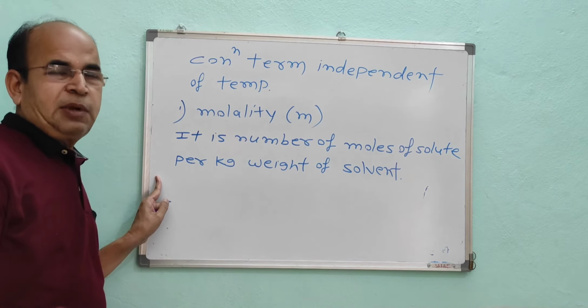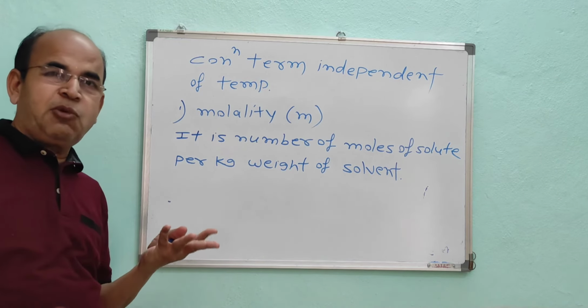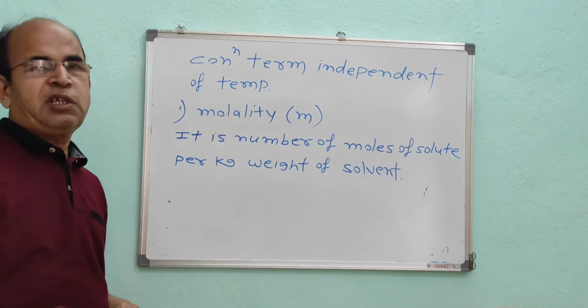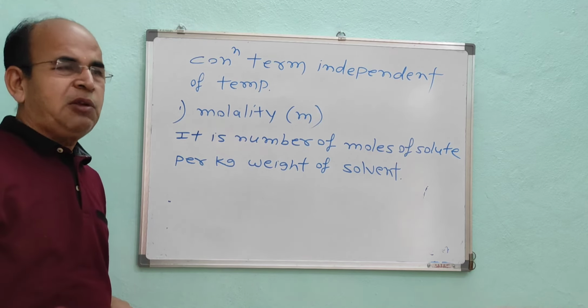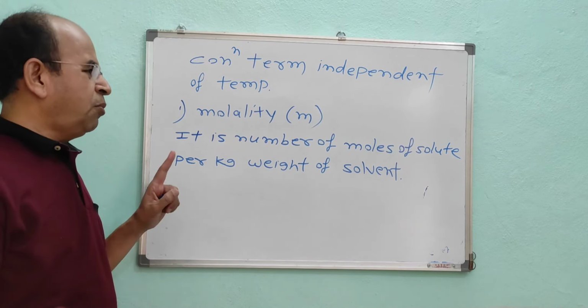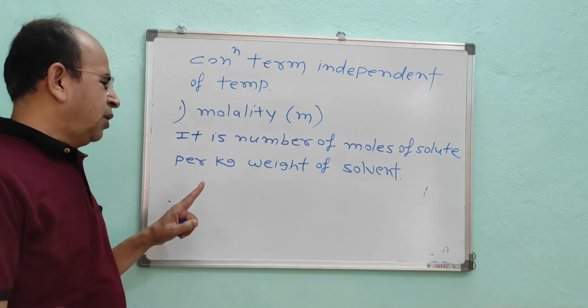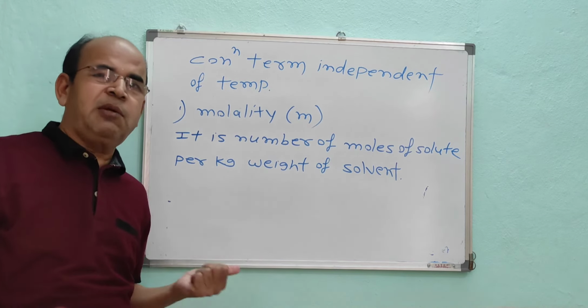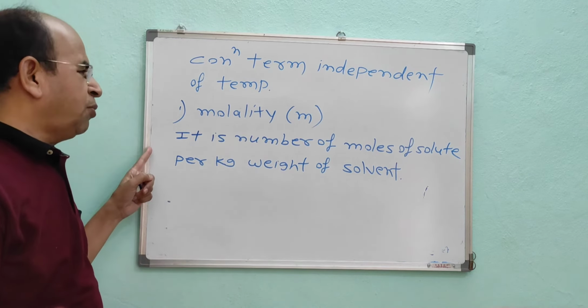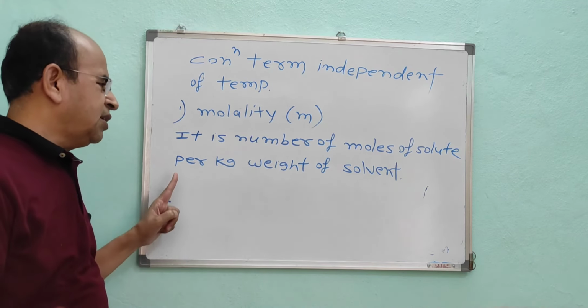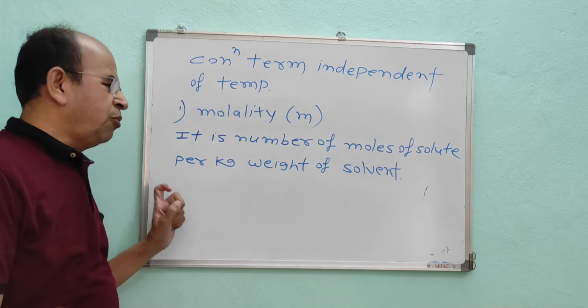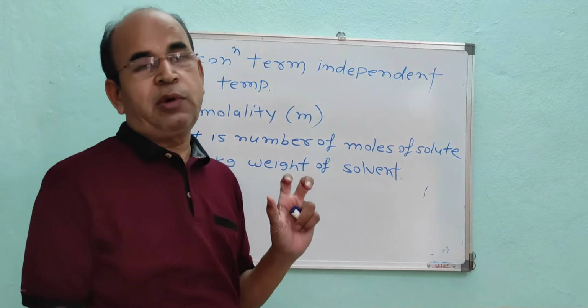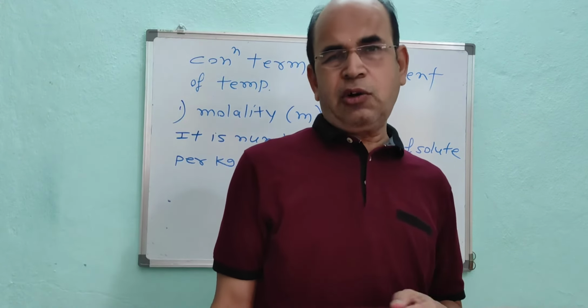Now understand the difference between molarity and molality. Molarity is the number of moles of solute per liter of solution. And molality is the number of moles of solute per kg weight of the solvent. So it is solvent, and that is taken in kilograms.